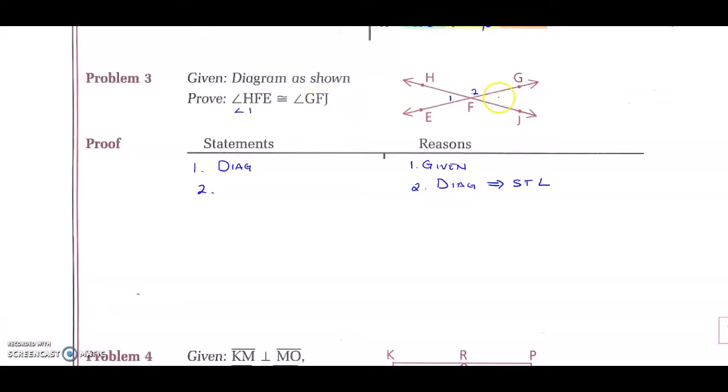And GFJ, so 3 and 2 are supplementary. So I just want to bear that in mind when I choose. So angle 1 here is supplementary to angle 2. So I'm going to want to say angle EFG is a straight angle.